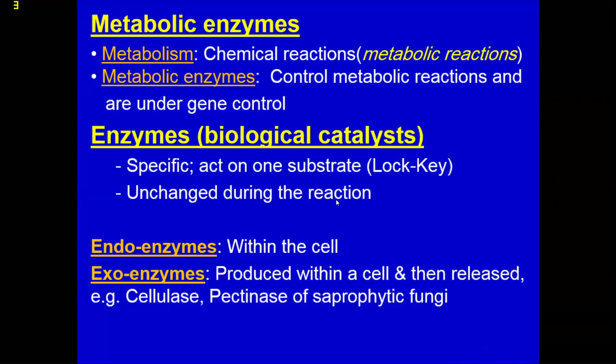I am giving you basic things, the ABC of microbiology, so we are going to use these terms in the future when we go through the course. Saprophytic bacteria, saprophytic fungi, the fungi found in the environment.